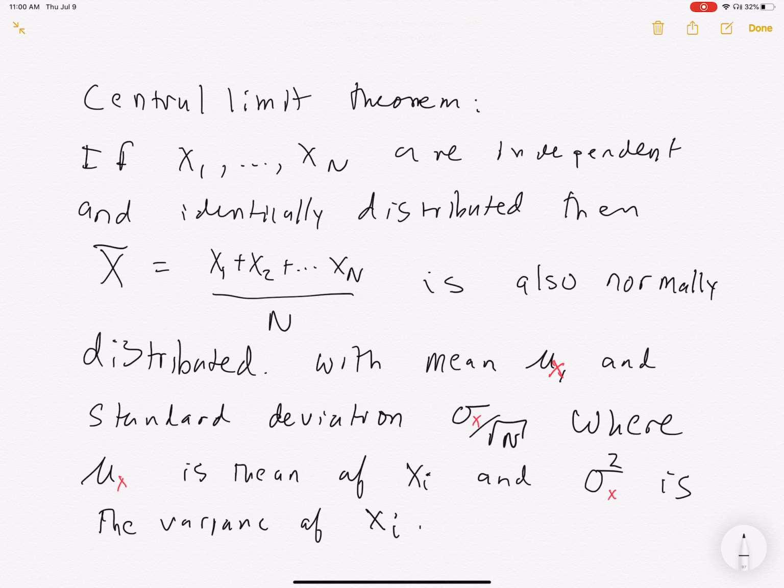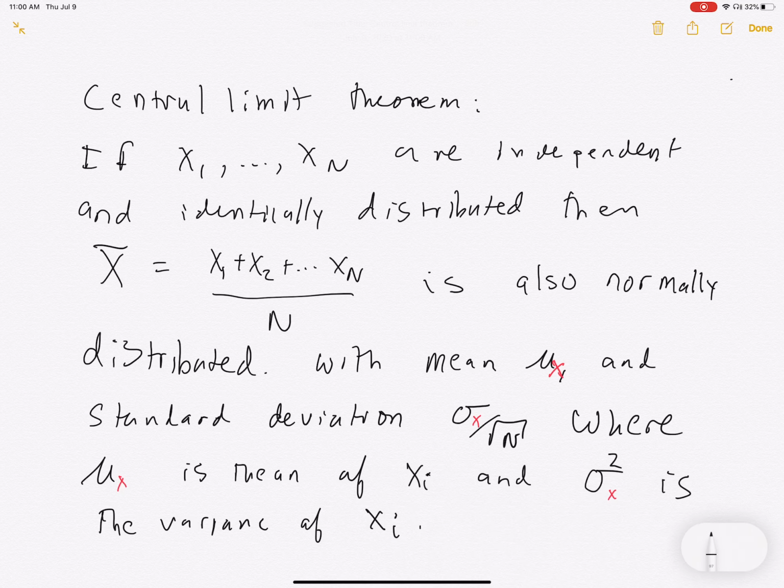So mu sub x is the mean of one single observation x sub i, and sigma sub x is the standard deviation of an individual x sub i, equivalently sigma squared of x, the variance of x sub i. Okay.